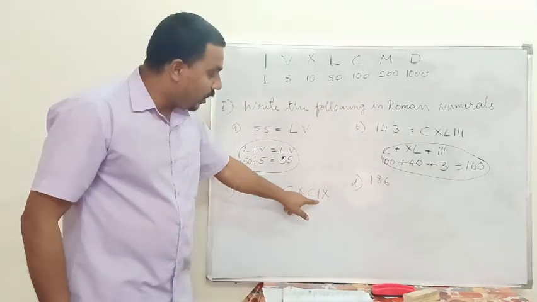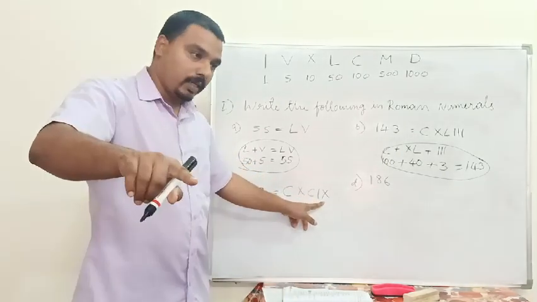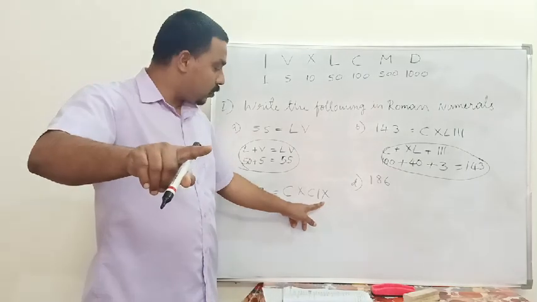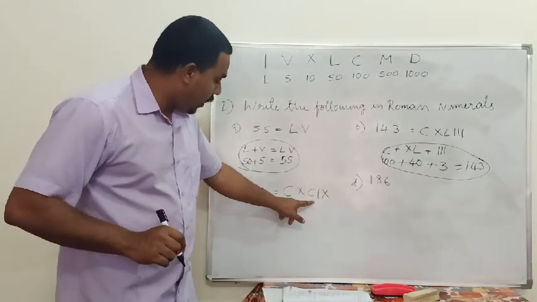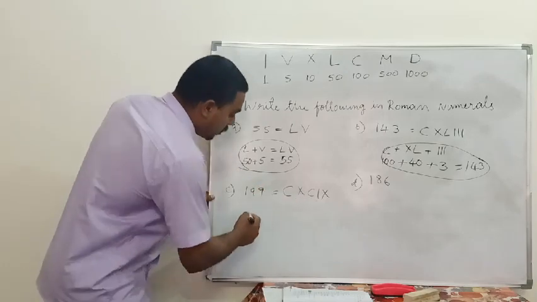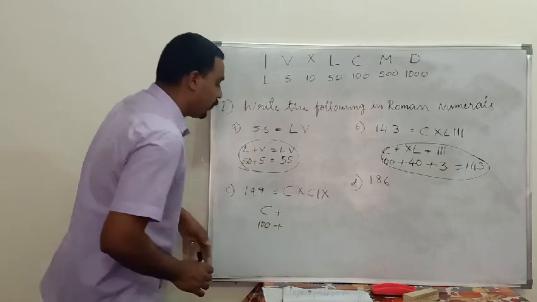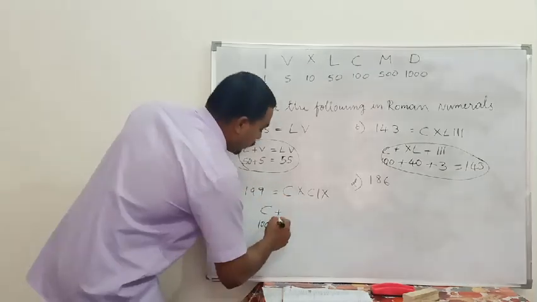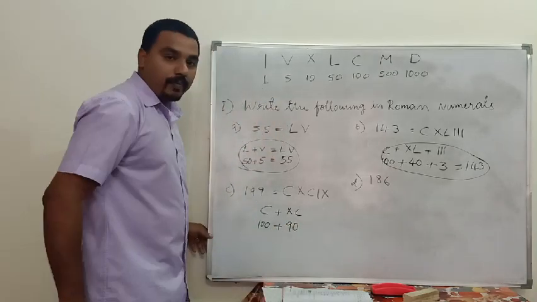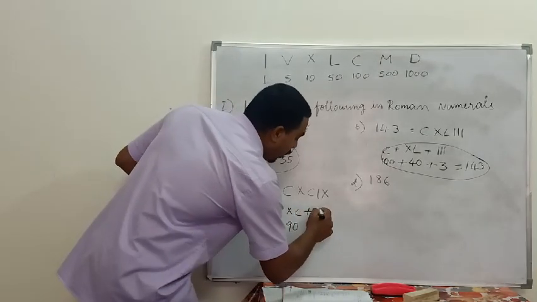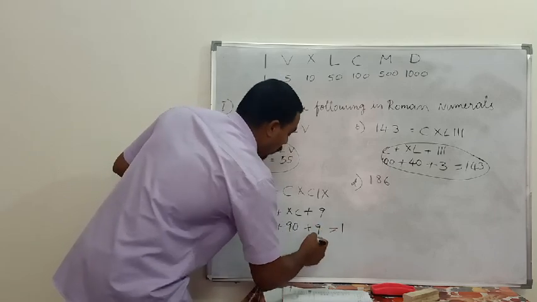When 1 comes before 10, which means 1 is subtracted from 10. 10 minus 1 is equal to 9 only. So 199: this is 100, plus 90, plus 9.